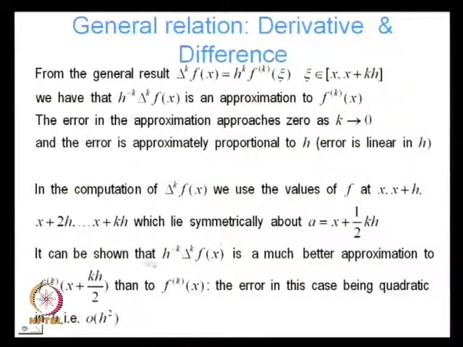So this operation, which I got after operating on f k times with the difference operator and dividing by the step size raised to the power k, is an approximation to the derivative evaluated at x, and the error depends on the step size, but it is much closer if I look at the point x plus kh by 2.